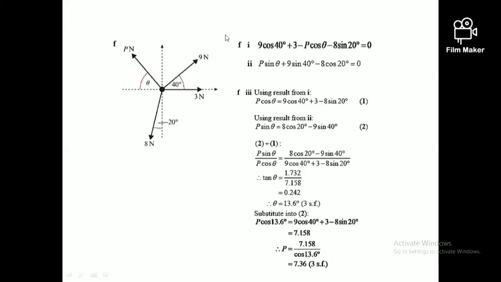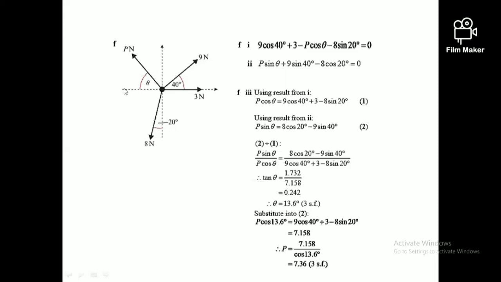This question also you can use the same technique and obtain the answers as you did in the previous question. If you work out this question, you can say the components: 9 cos 40, 9 sin 40. 3 no need of considering because it's already vertical. P cos theta, P sin theta. 8 cos 20, 8 sin 20.